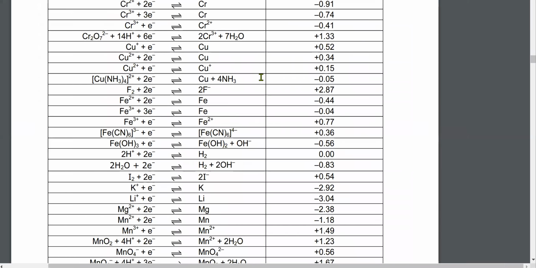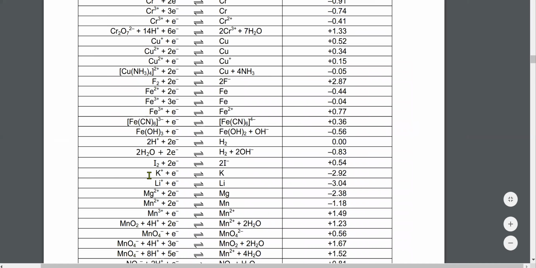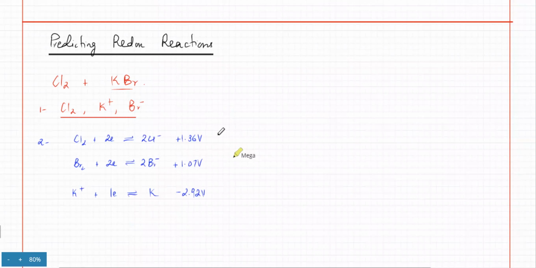K is over here. So K plus 1 plus 1 electron in equilibrium with potassium, and the value is minus 2.92 volts. So going back to my board, these are the three electrode reactions that I've written down.